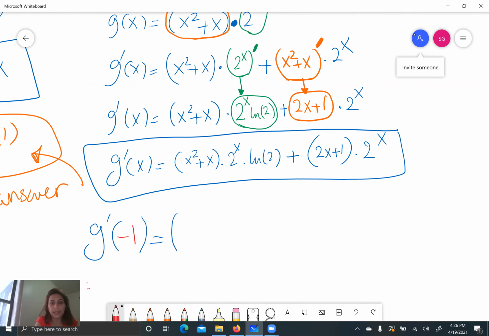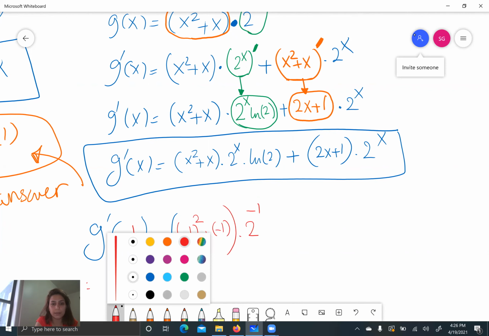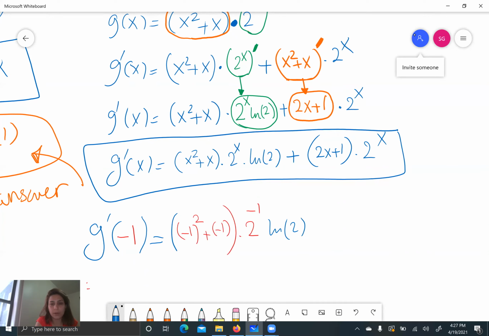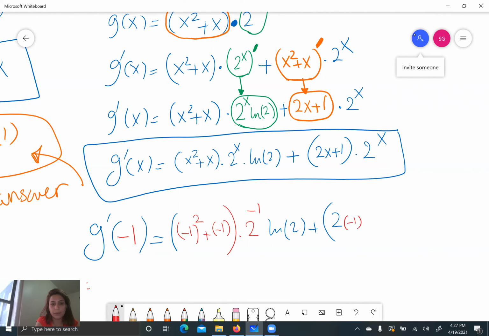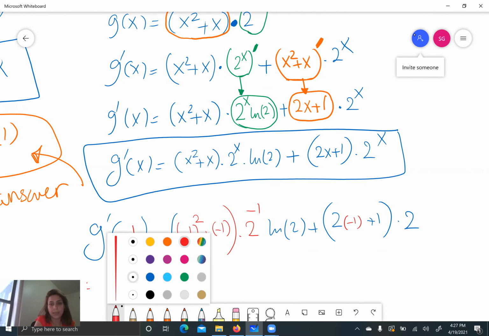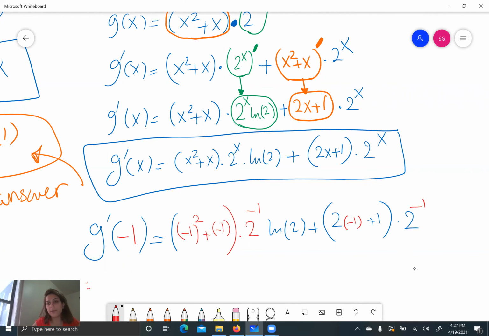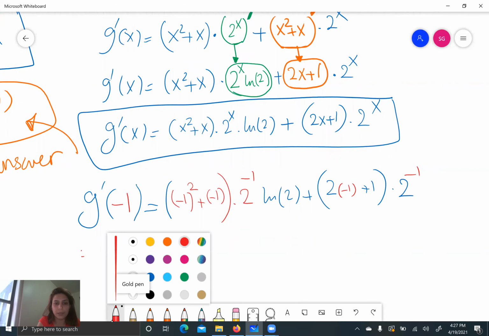It's going to be -1 squared plus -1, times 2 to the -1 times natural log of 2, plus 2 times -1 plus 1 times 2 to the power of -1. You see that? So we just substitute -1, and you can simplify that.